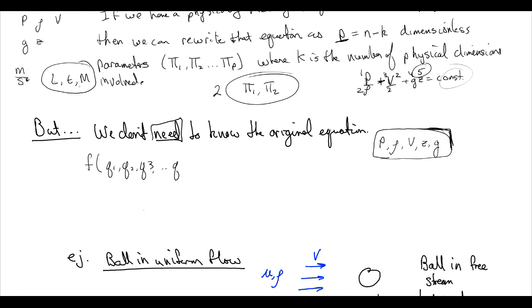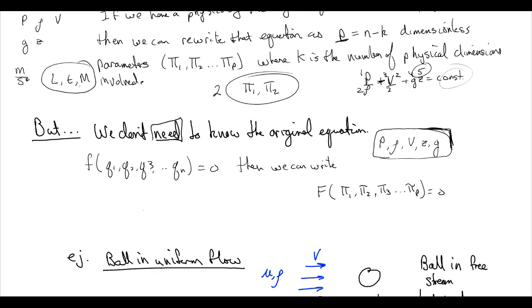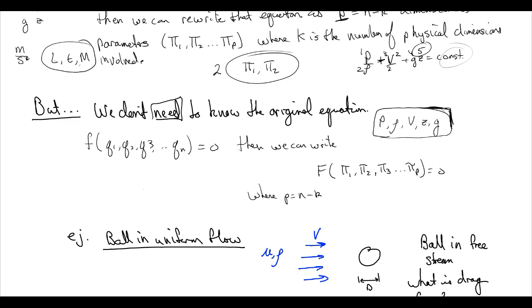Then we can write another function of pi 1, pi 2, pi 3, all the way to pi p is equal to 0, where p is equal to n minus k. Now, something important, a caveat. If we don't know this function, we've got to be honest with ourselves. We don't know this function either. We just know that it exists.